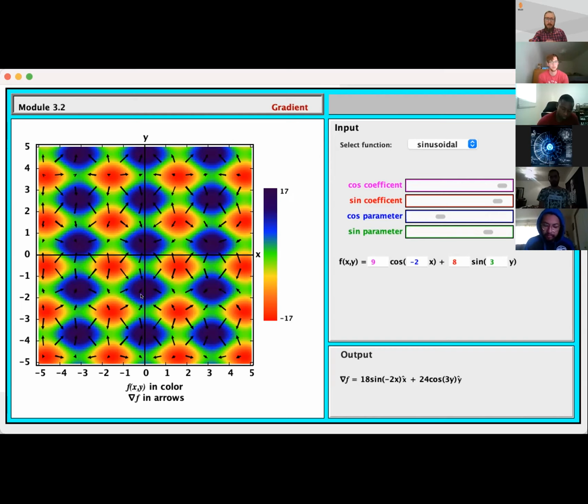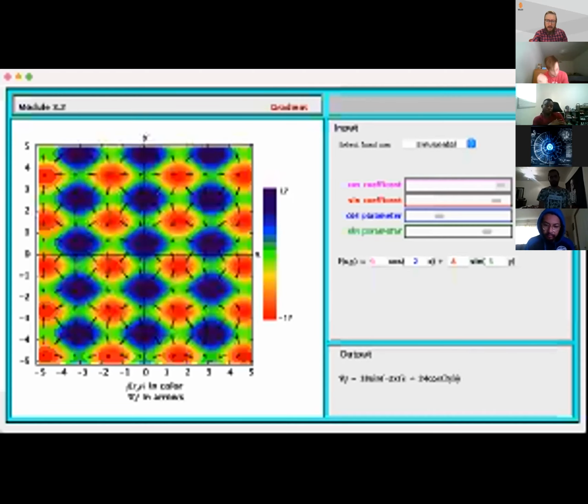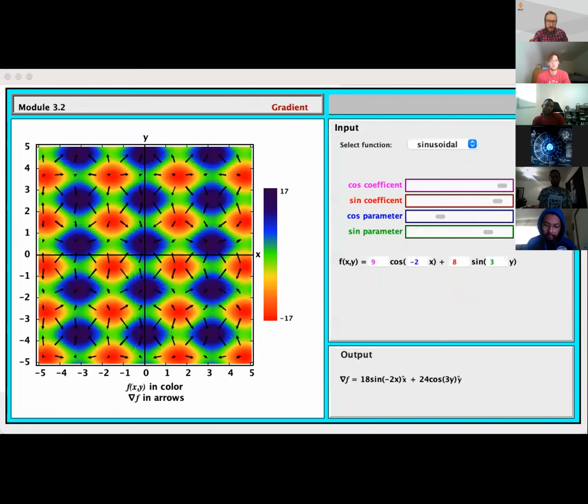So that's just an example of the type of analysis that I want you to do in this problem 8. Determine where the function is changing most rapidly, least rapidly, and then describe the surface. My description of this surface is maybe something like egg crate foam.